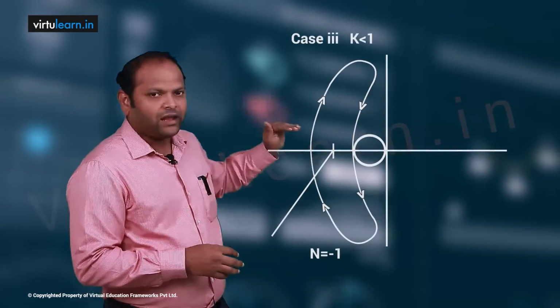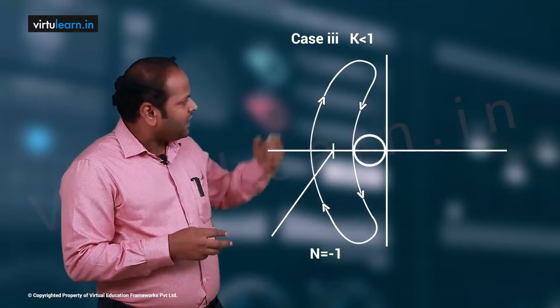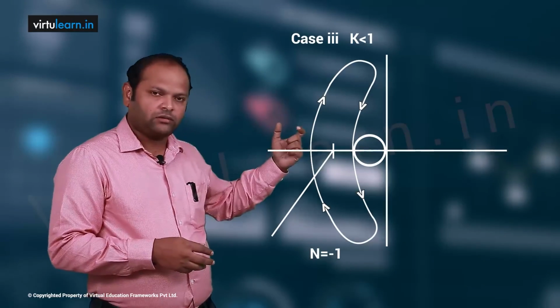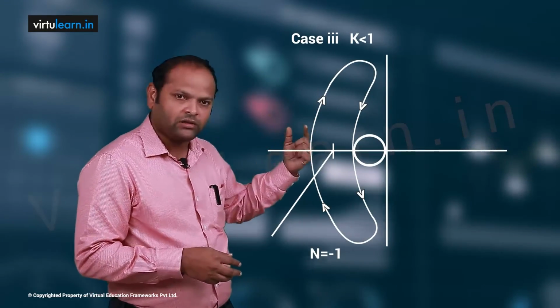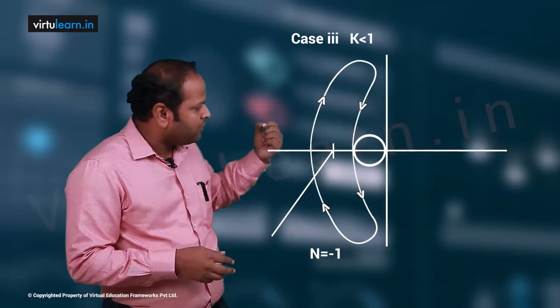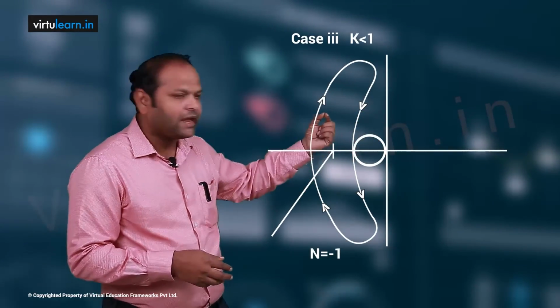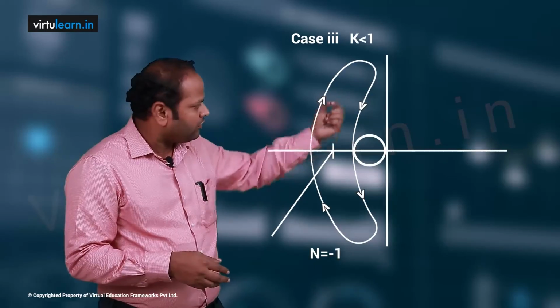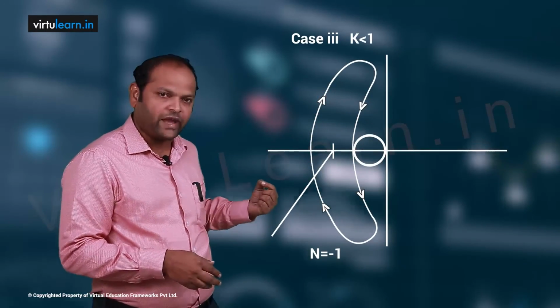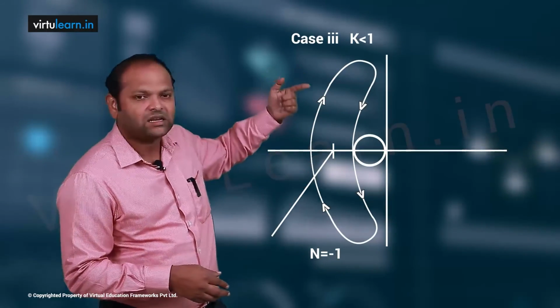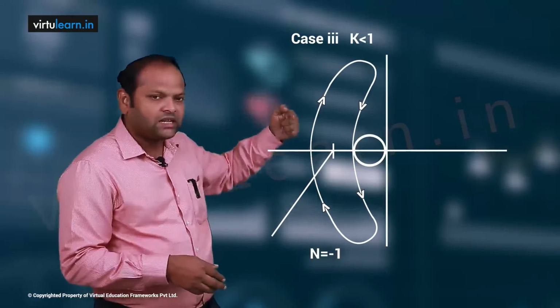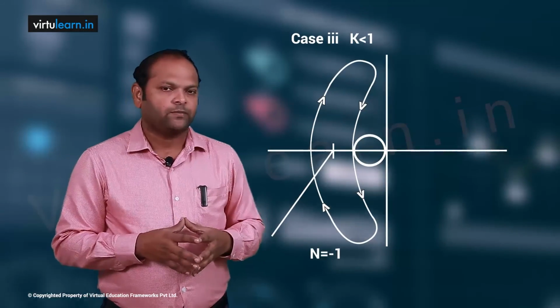Case 3 again. I want to take K value less than 1. When you take K value less than 1, the critical point will be in between the minus 1 point and the intersecting point. So here I have the critical point. When you draw one line towards the left direction, there is one clockwise encirclement. So this clockwise encirclement N is equal to minus 1.